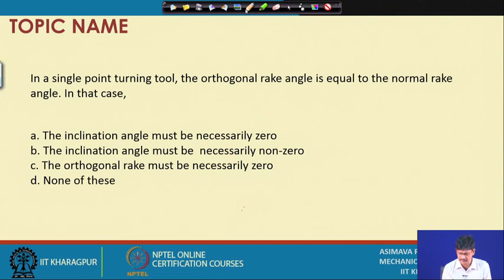So, let us draw the relation between orthogonal rake and the normal rake. If you have orthogonal rake coming out this way, this is the reference plane, this is the rake surface in the orthogonal plane.